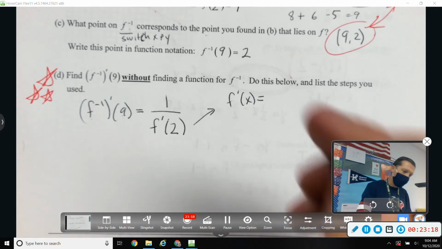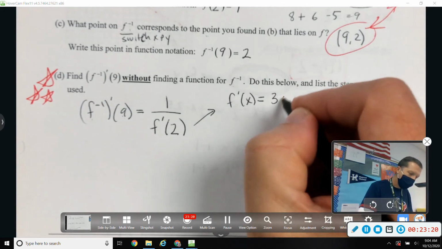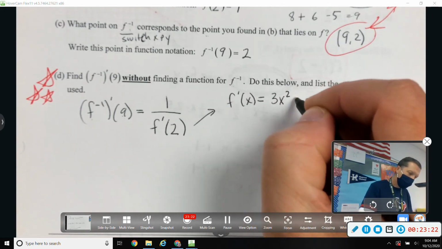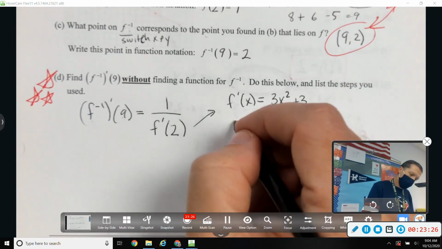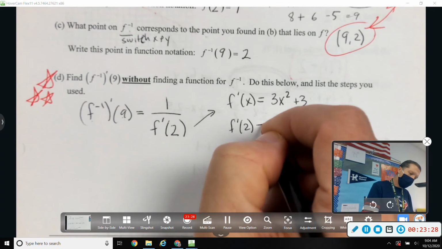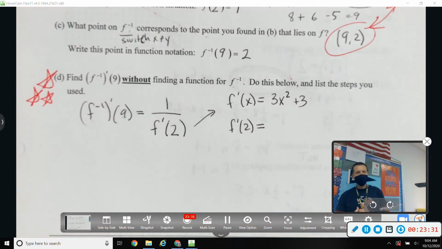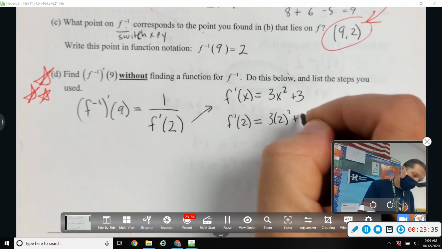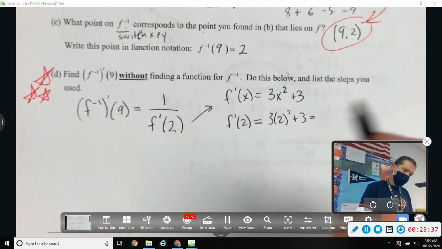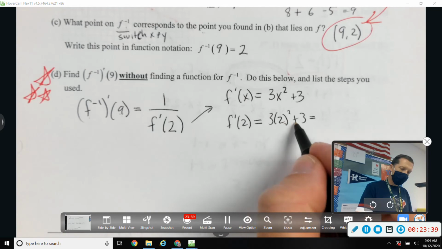And this is pretty easy. This is just power rule stuff. 3x squared plus 3. So f prime at 2 would be 3 times 4 is 12, plus 3 is 15.